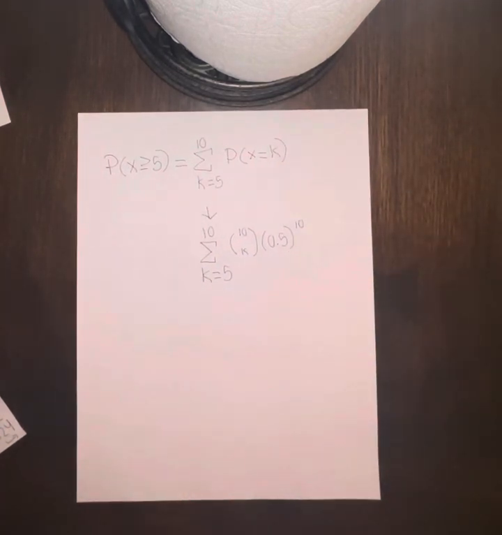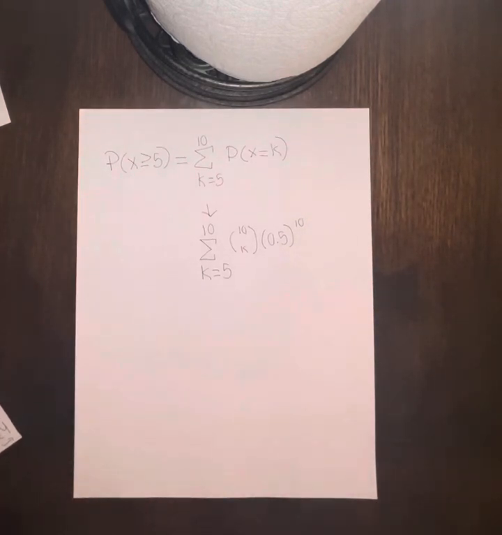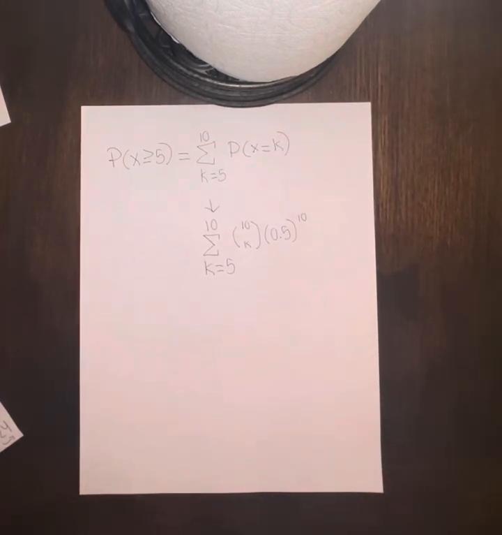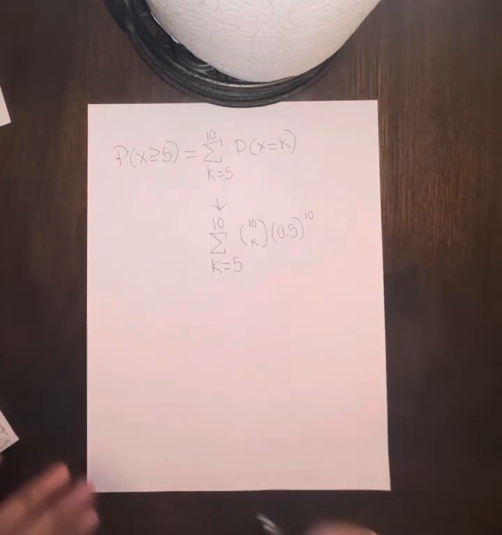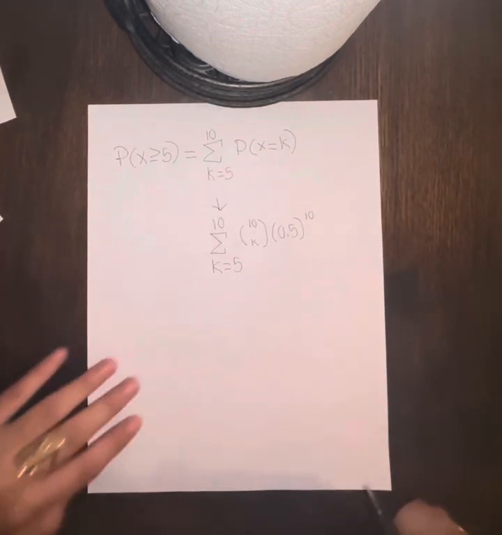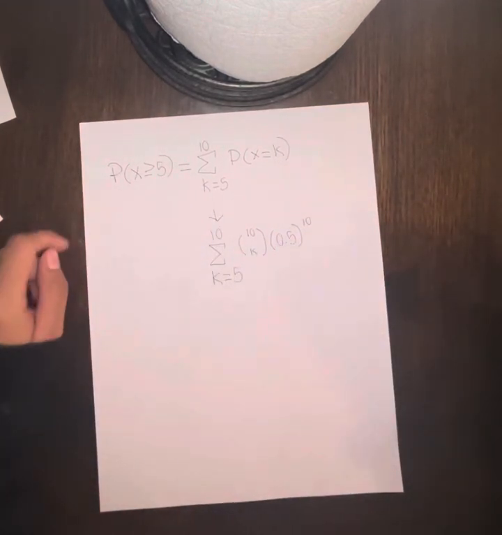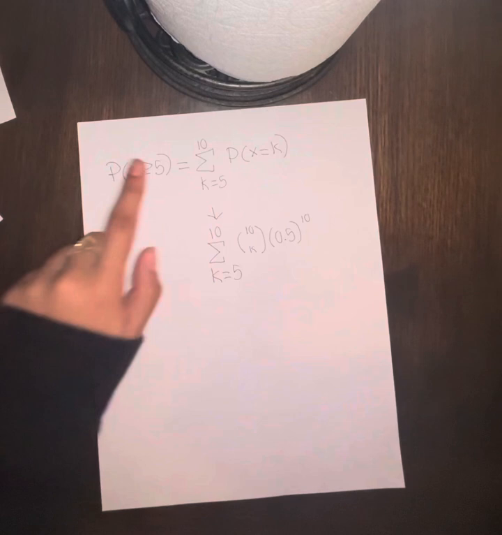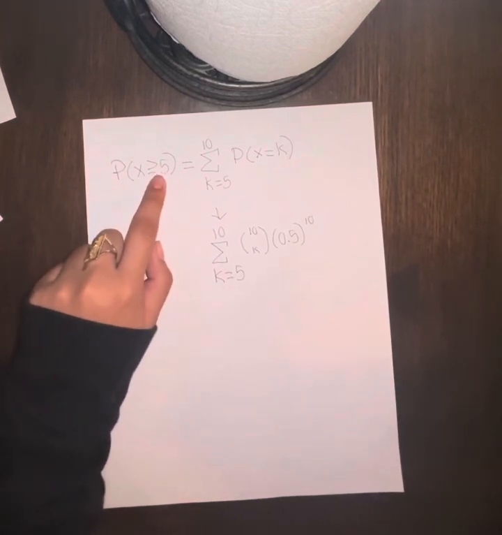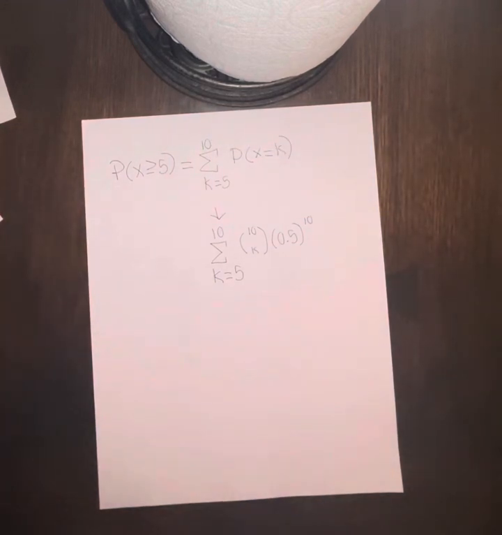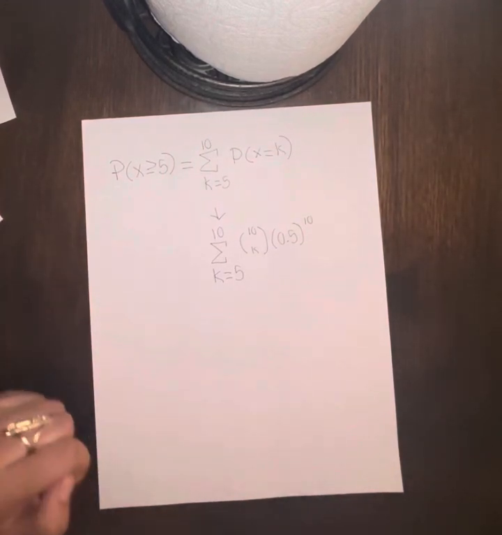Now, since it's basically like a sequence, you have to factor it out. So this would be, and also this is 5 because you start at 5, so the K plugs into here, which is 5, and then you put 10 here because you end at 10, which is the 10 total properties.